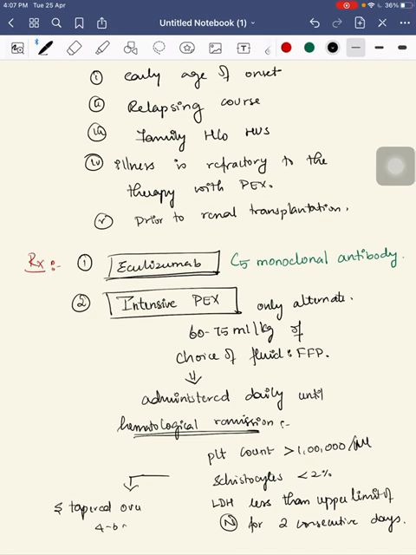Then you stop the plasma exchange. It is tapered over 4 to 6 weeks.